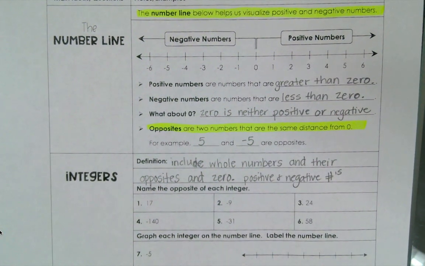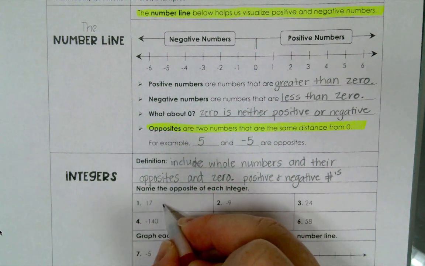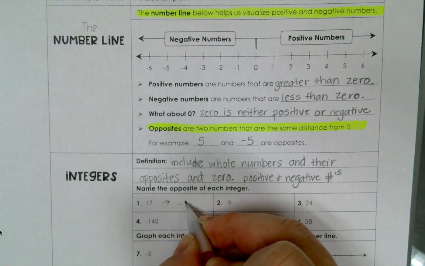So an integer, first of all, has to be a whole number. There is no decimal. There is no fraction, okay? However, we'll get into if you can identify a fraction as a whole number. We'll get there. But for all intents and purposes right now, whole numbers and their opposites. So right here, we're going to name the opposite of each integer. The opposite of 17 is negative 17.